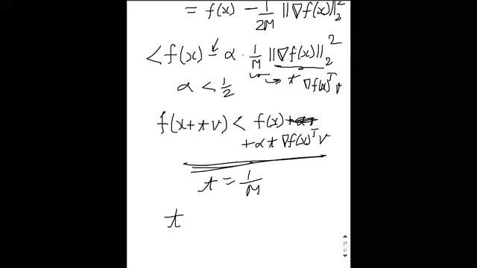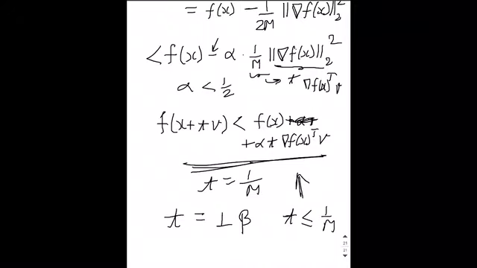So what happens is the backtracking method starts with t equal to 1 and keeps on decreasing it by a factor beta, right? So how small can it go? For t less than or equal to 1 by m, this condition will be satisfied.